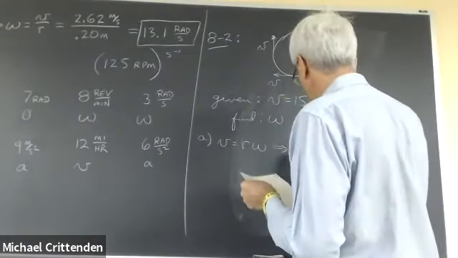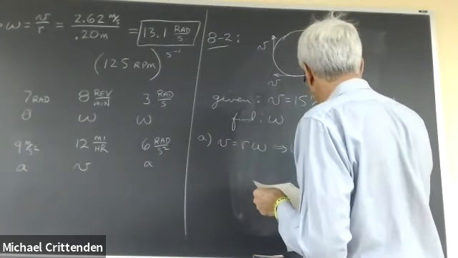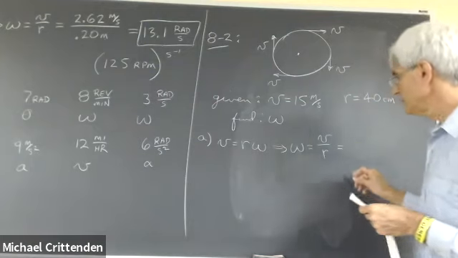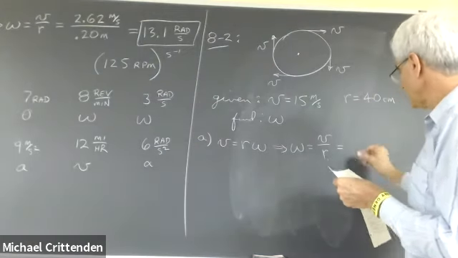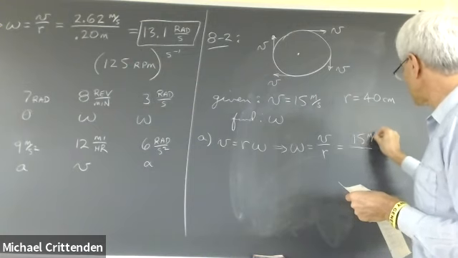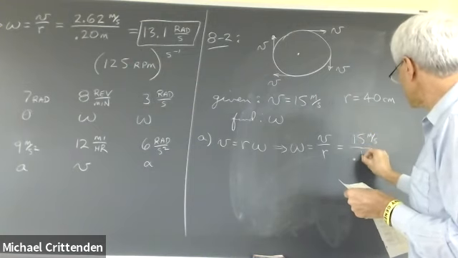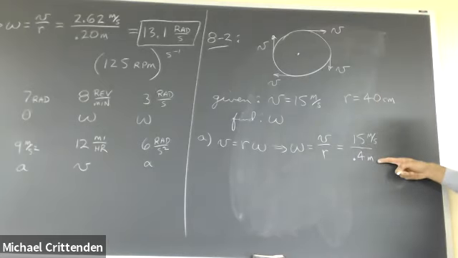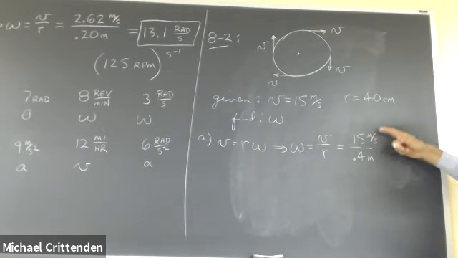Since it's omega I want to know, omega equals V over R. Divide both sides by R. Convert the 40 centimeters to 0.4 of a meter, because the units have to match so that they'll cancel each other out.